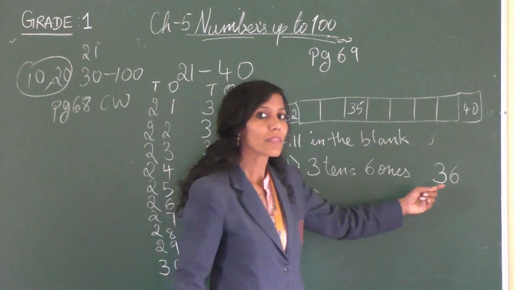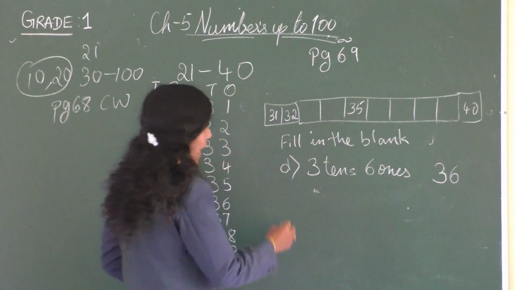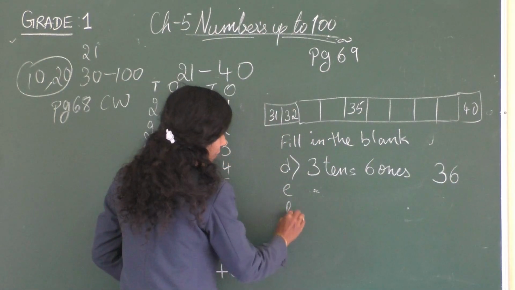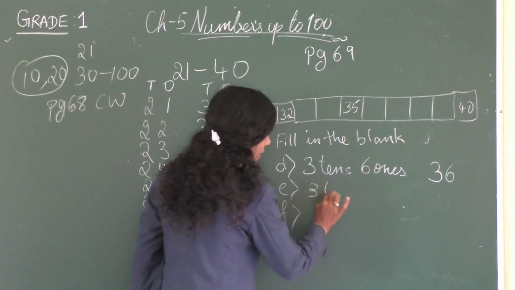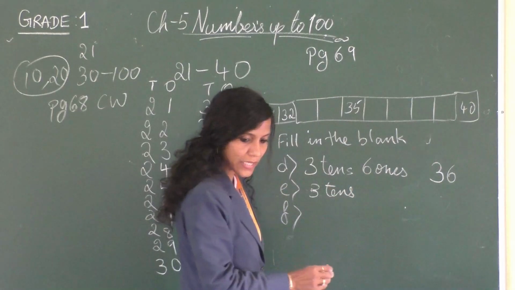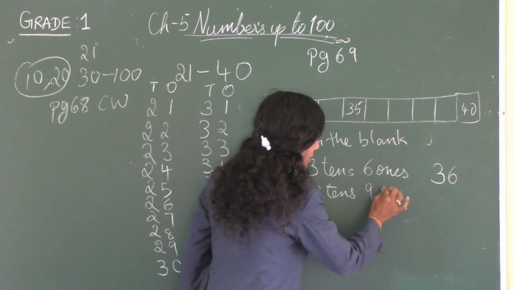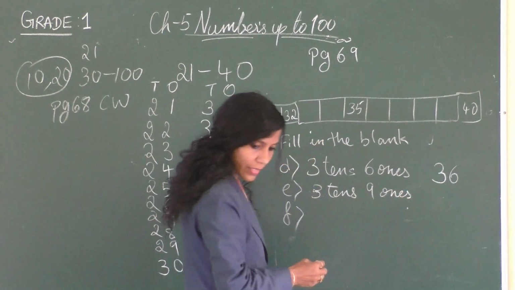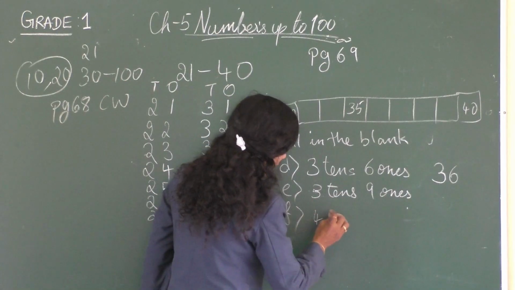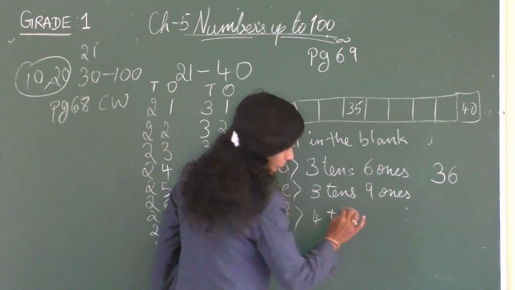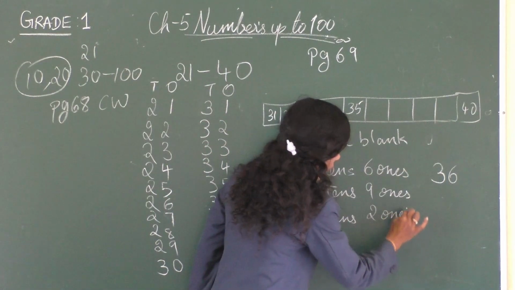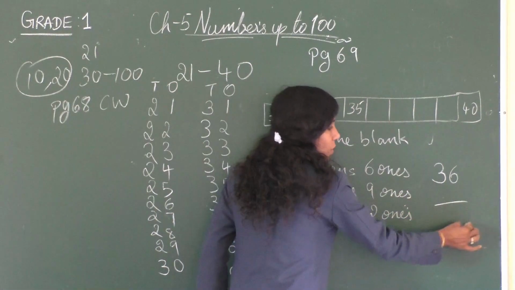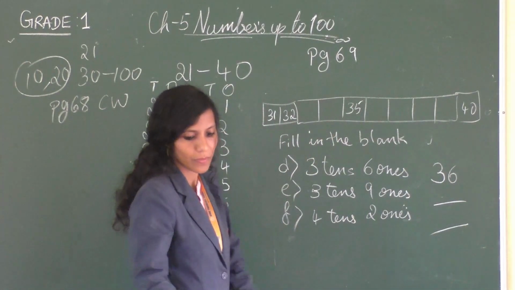So it becomes 36. Similarly, you have to do E and F, where you have 3 tens and 9 ones, then 4 tens and 2 ones. You have to fill those in here.